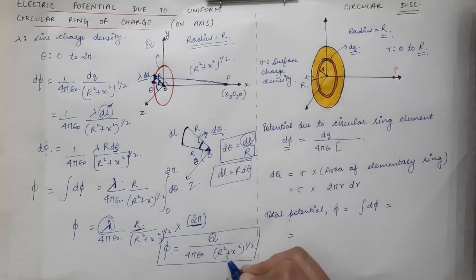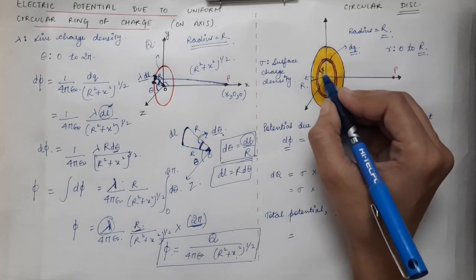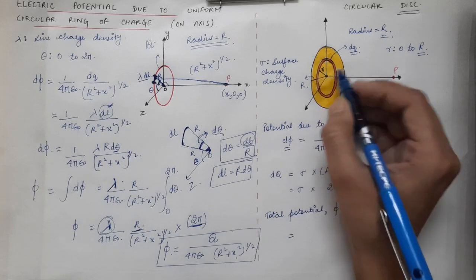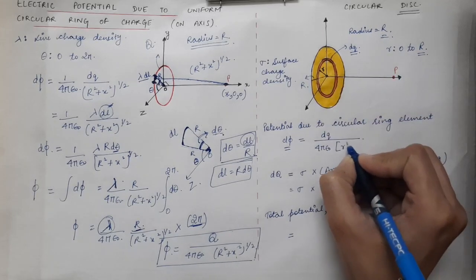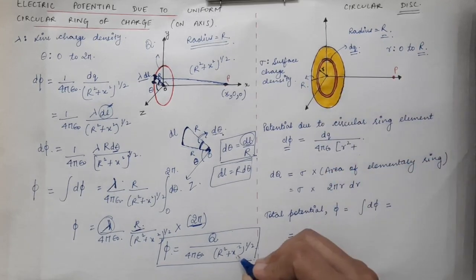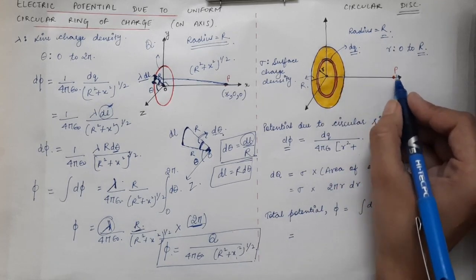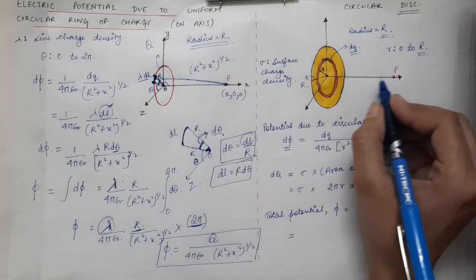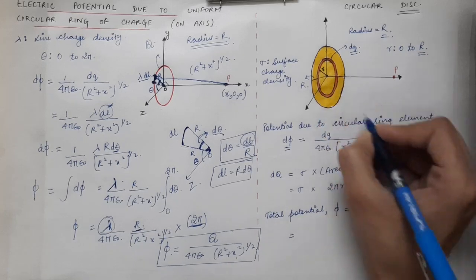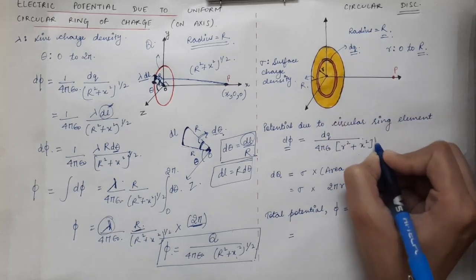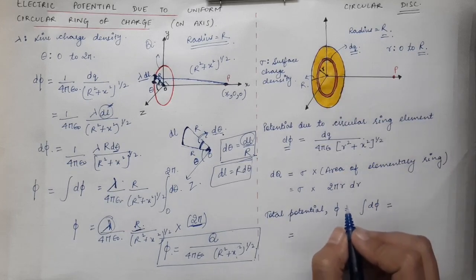And inside the bracket we have the radius of the ring, which in this article we have considered to be small r. So inside the bracket we will have small r squared plus x squared. The x remains as it is, because here also the observation point is at a distance x from the center of the disc, and the power 1 by 2 also remains as it is.